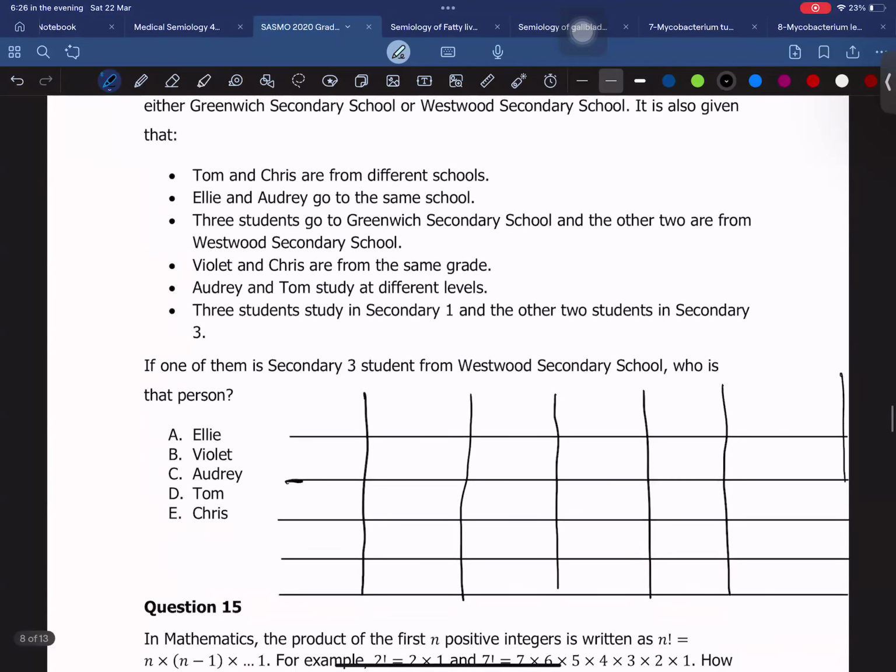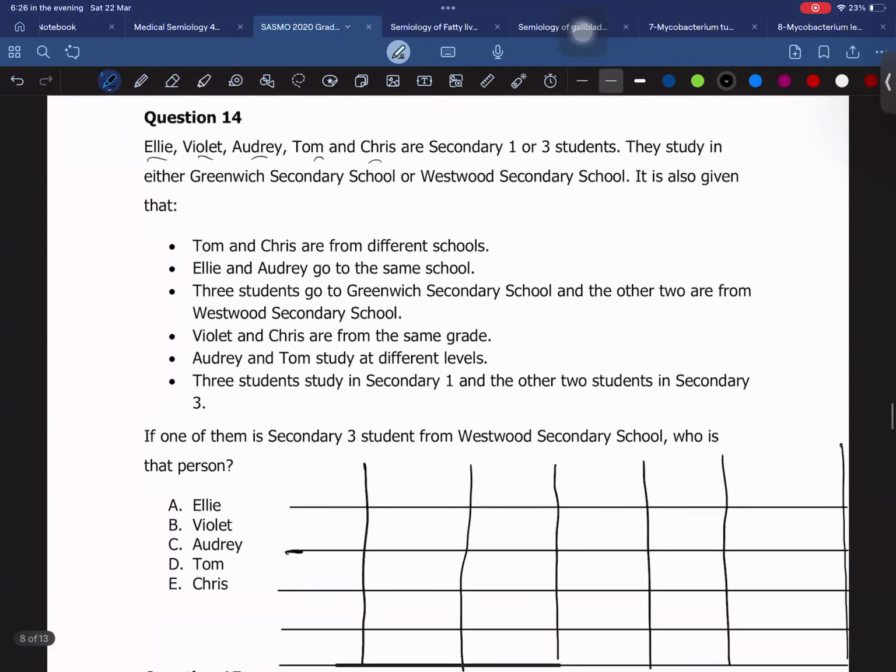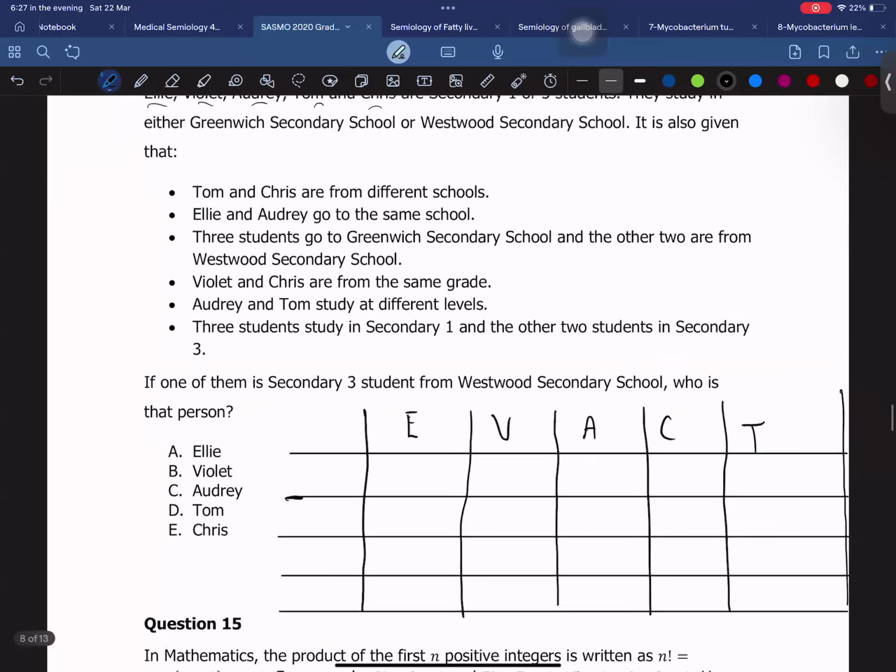So that's 5 people. So E is going to stand for Ellie, W for Violet, A for Andre, C for Chris, and T for Tom.